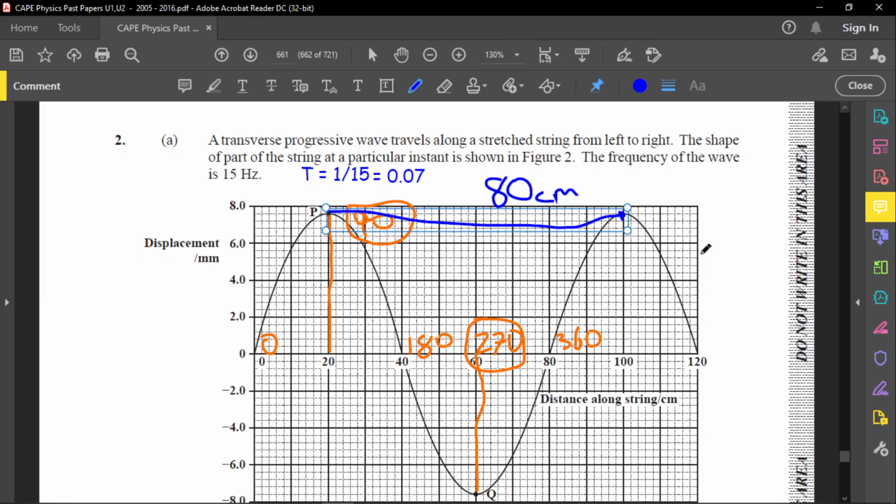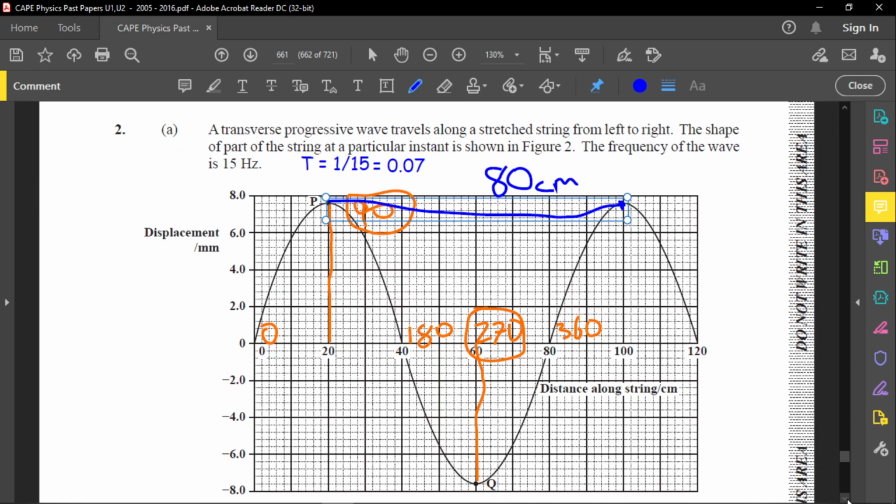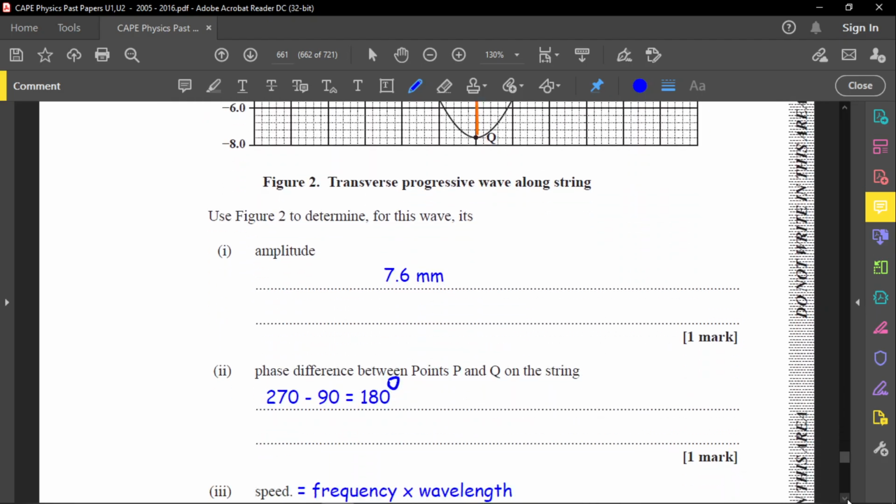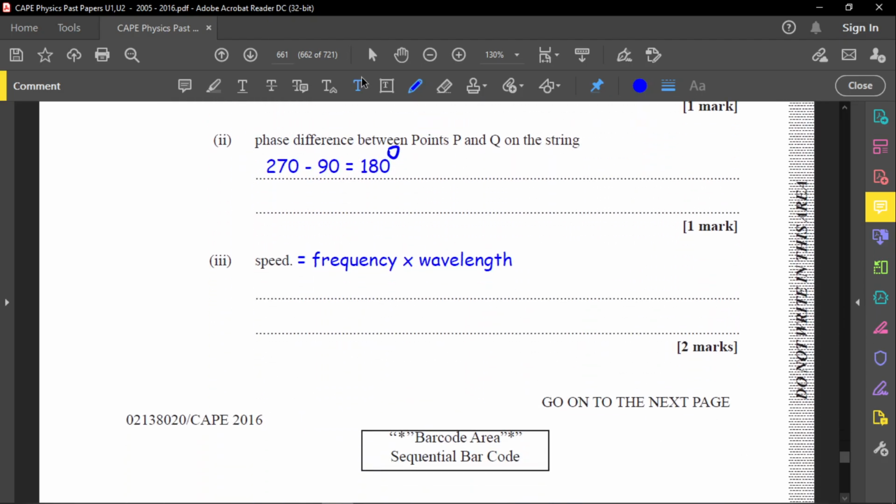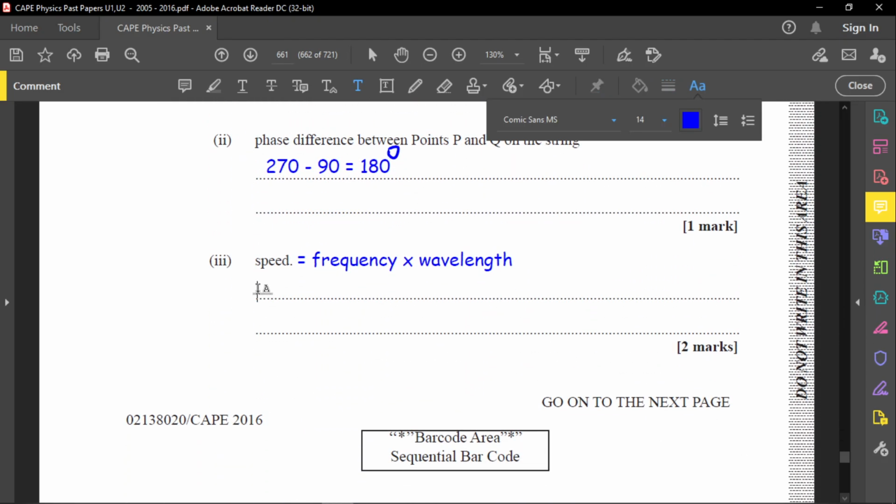So remember now the distance between the two consecutive points is 80 centimeters, but I'm going to convert 80 centimeters into meters. So what I'll do first is to divide 80 by 100. So 80 divided by 100 equals 0.8. And so that is my wavelength.